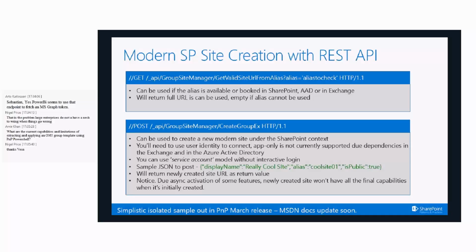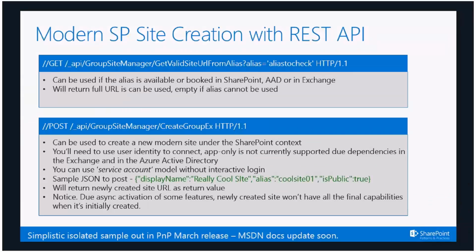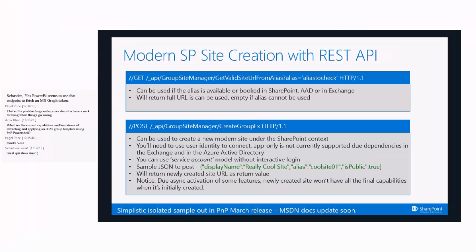And that's now starting. What are the current capabilities and limitations of extracting and applying Office traces to a group template by using PnP PowerShell? Good question. Essentially, modern groups and modern sites have the NoScript capability enabled, so there are limitations from a customization perspective.